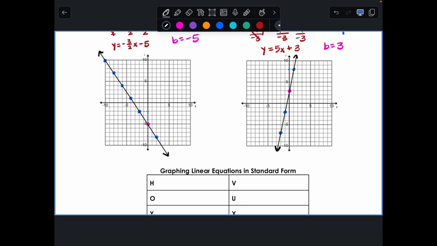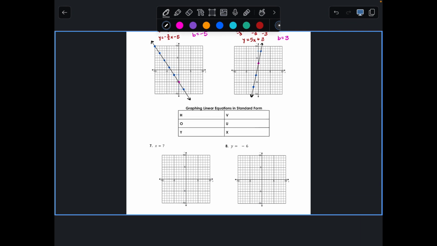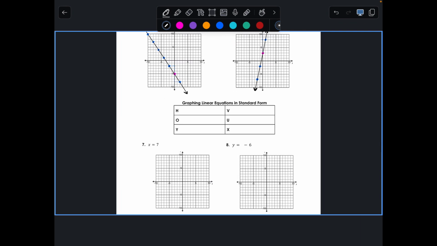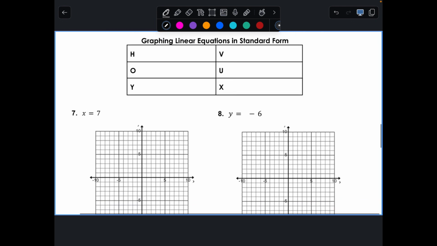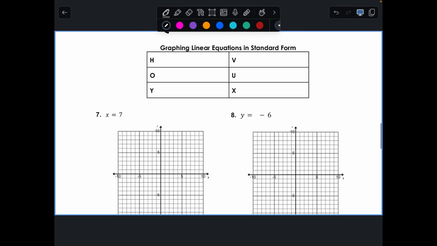And the last thing we're going to talk about, the equations in standard form that you'll see are horizontal and vertical lines. So you're going to remember the acronym HOY and VUX, where HOY stands for horizontal, and the O will be a 0 slope, and it crosses the y-axis.